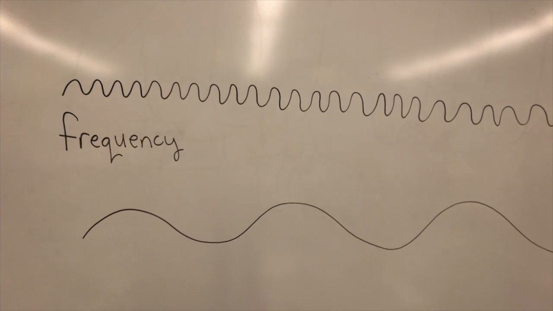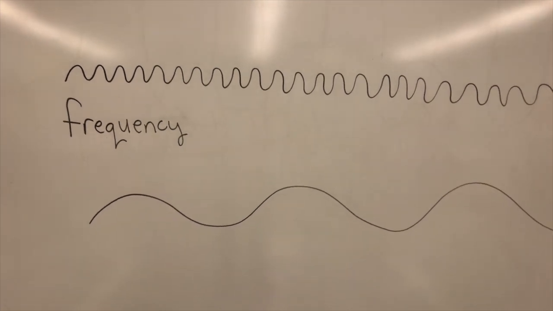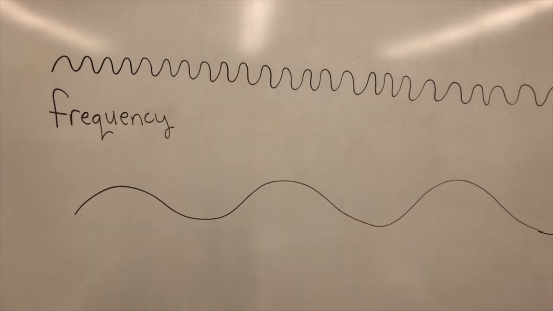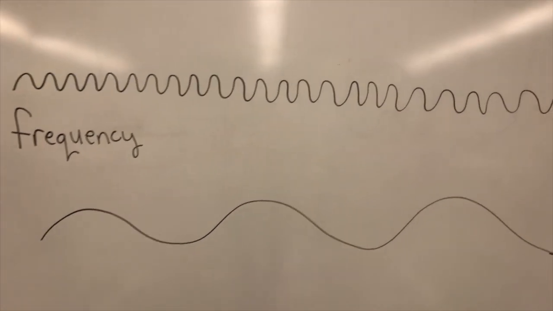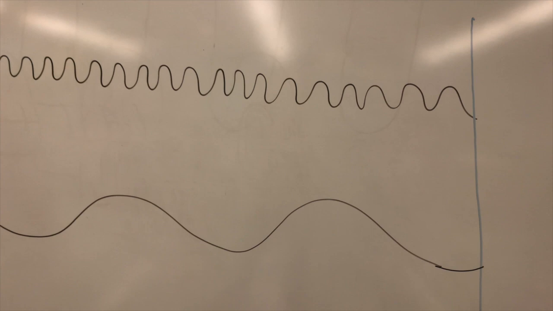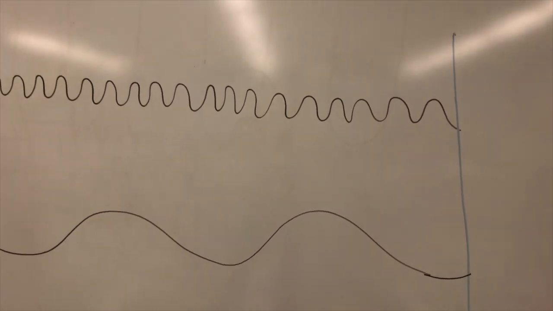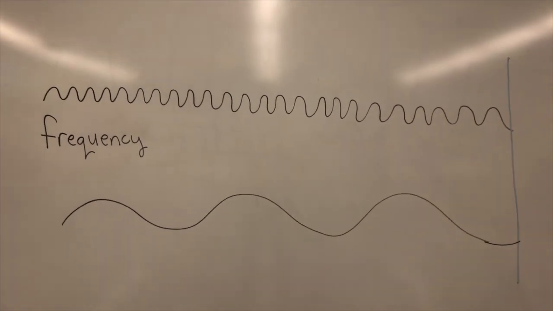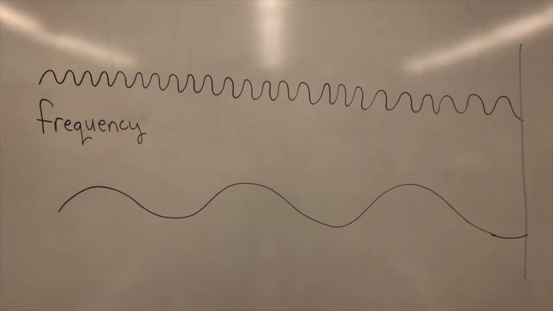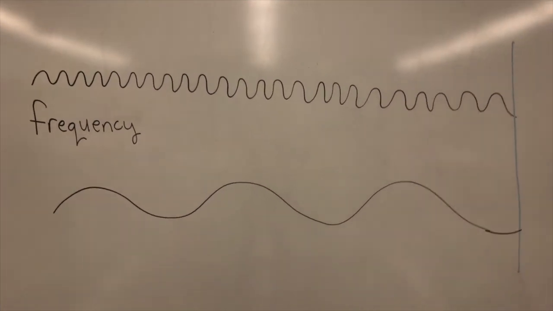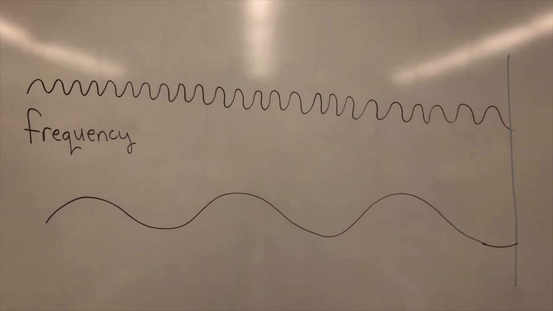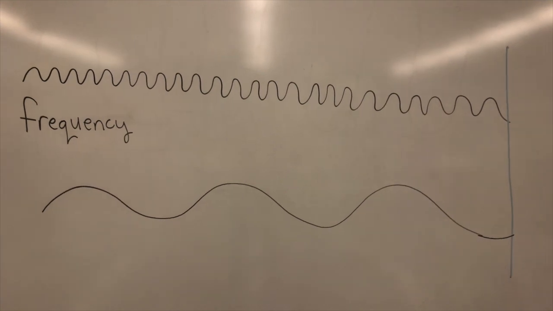Frequency tells us how much energy a wave contains. Frequency is how many waves pass a single point in the same amount of time. The wave on top has many more waves passing the blue line in the same amount of time than the waves at the bottom will pass.